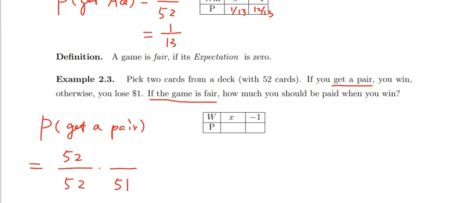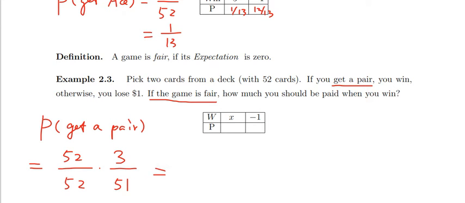In order to make a pair, here we only have three choices. Why? Because if the first one is an ace, the second one has to be an ace, right? So we have three. If the first one is a 10, the second one is another 10. How many 10s are in the remaining 51 cards? We have 3, right?